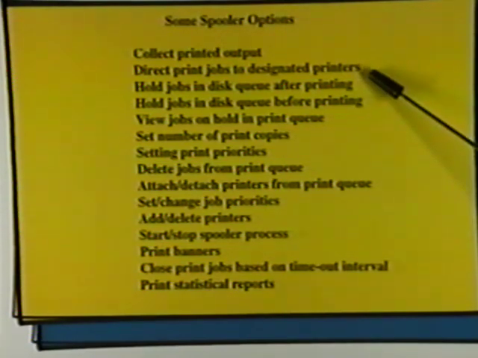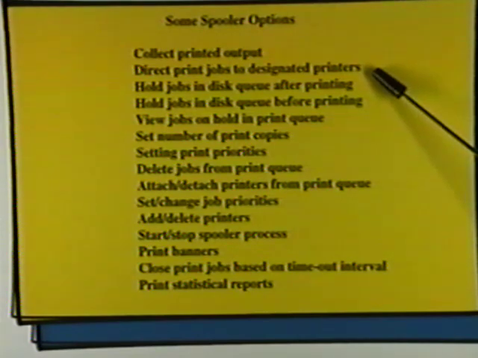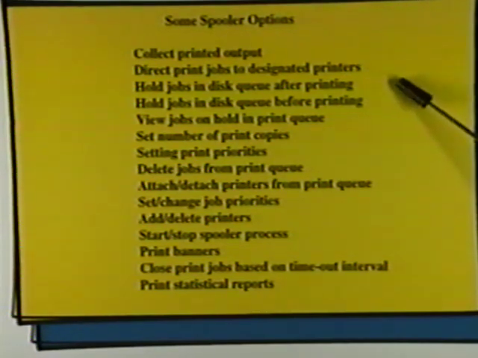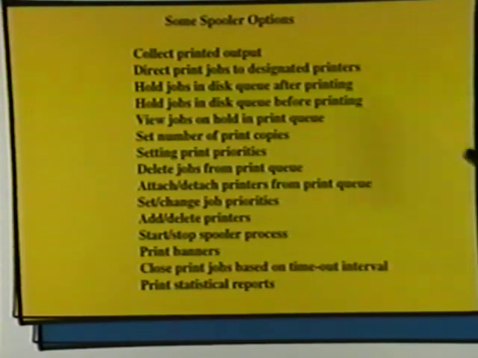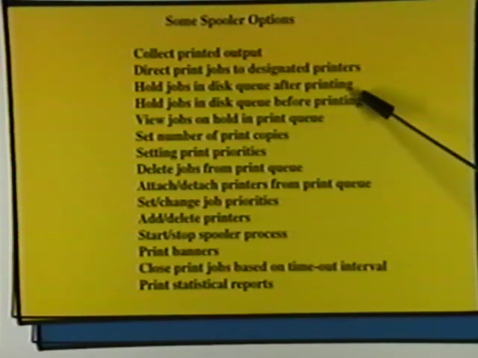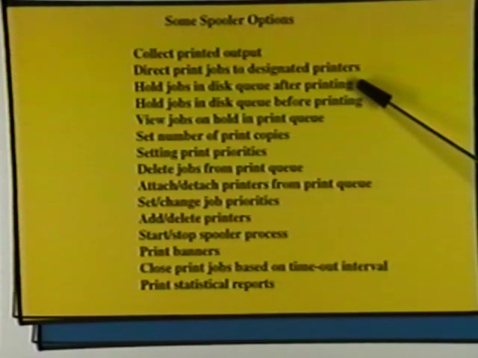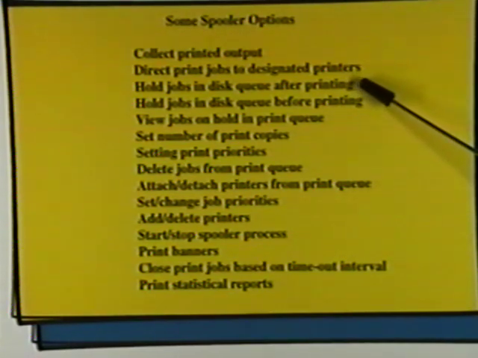My previous diagram showed two different printers, a draft quality printer and then a final quality printer. So another option is directing print jobs to designated printers. Another option is after we've printed, maybe we don't want to remove that print job from the queue, but rather just leave it on the disk so that we can reschedule it if we want to.